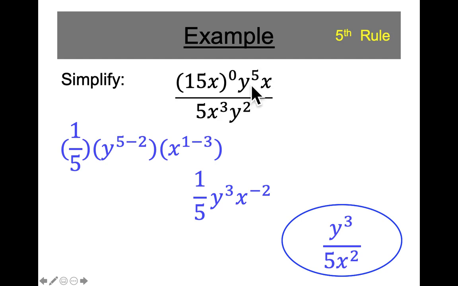So I'm going to take y to the 5th over y squared, and I'll end up with y to the 5 minus 2, and then x to the 1 minus 3 when I combine the x values. So that gives me 1/5 y cubed x to the negative 2, and my final answer is y cubed over 5x squared.